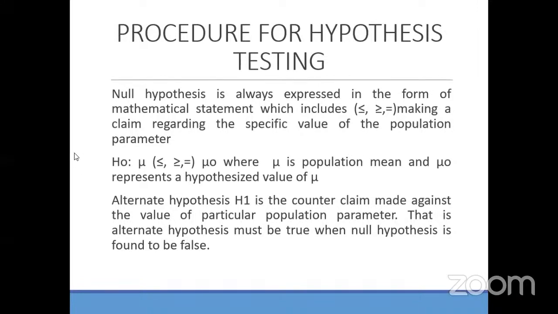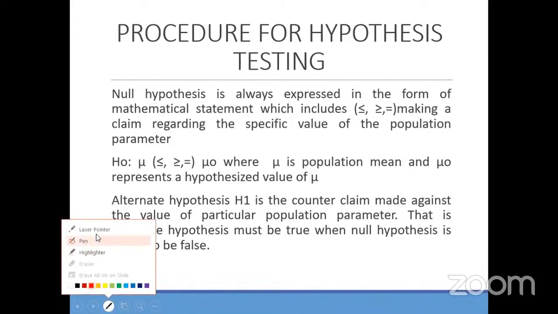So suppose null has a sign of less than or equal to. Then what do you think alternate will have? Greater than. Similarly, if null has a more than or equal to sign, then alternate will have a less than sign.